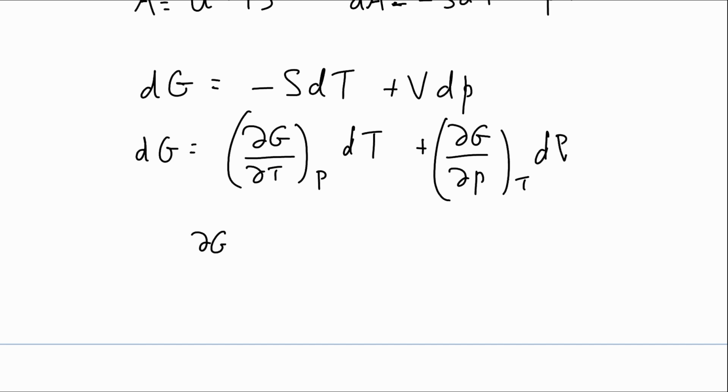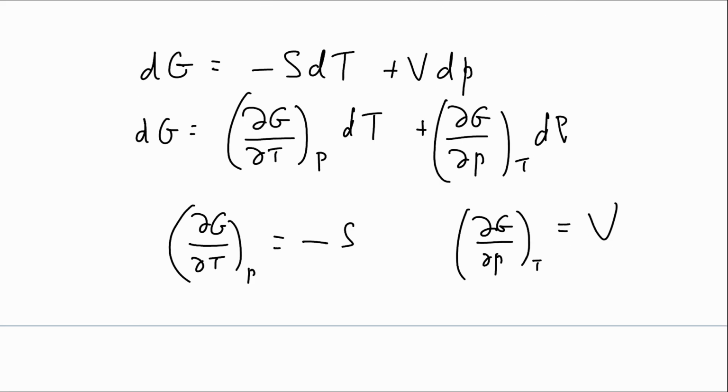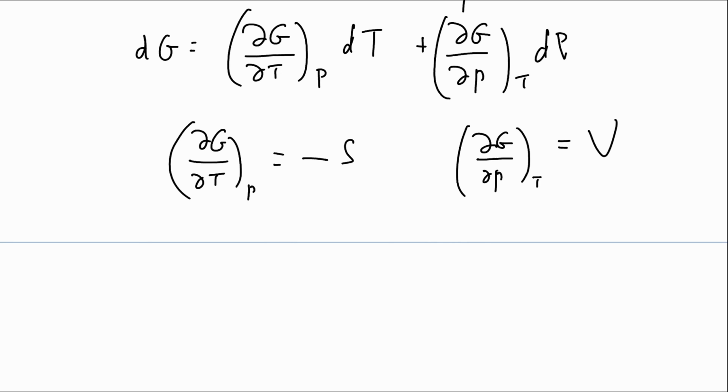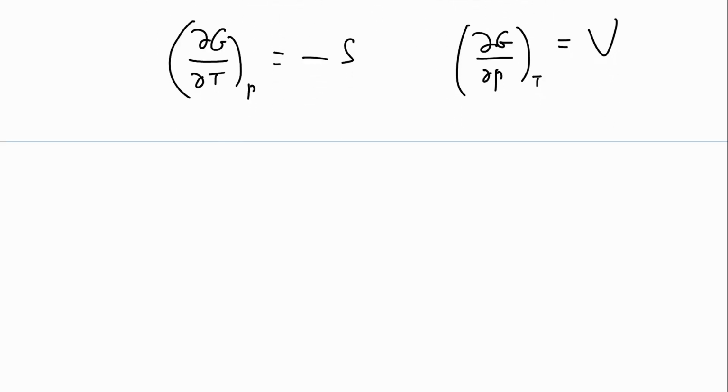And so it tells me that dG/dT at constant P is minus S, and it tells me that dG/dP at constant T is V. And so if I draw a picture, let me just push it up so we can see those things.